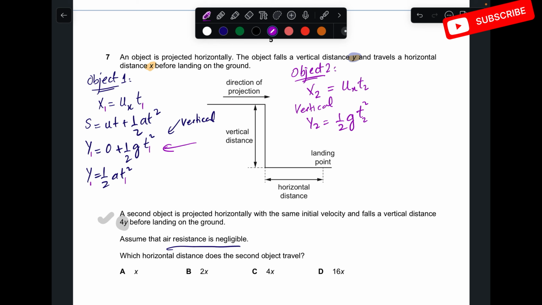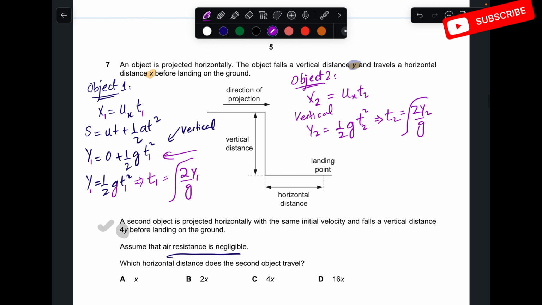So I have to find t. t2 equals the square root of 2y2 divided by g. To relate, t1 equals the square root of 2y1 divided by g. What is given is that y2 is 4 times y1.